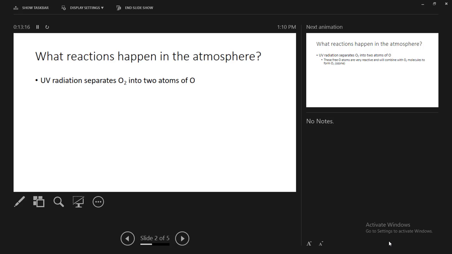Where does UV radiation come from? Sunlight. UV radiation, and we get this. Okay, that's our first reaction. We take something that's very stable, UV radiation hits it, and creates two very reactive atoms of oxygen.